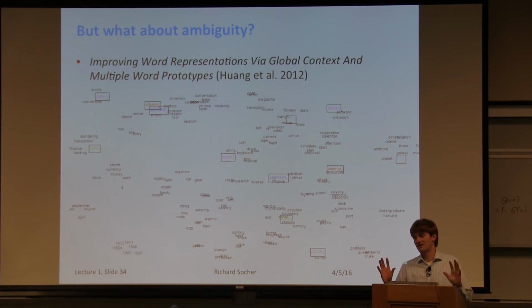While that is very nice and has better performance, of course, on certain similarity metrics, where you have to be able to say this word has different meanings in different contexts, it works better on intrinsic tasks. But to be honest, for extrinsic tasks, it doesn't often make a difference.